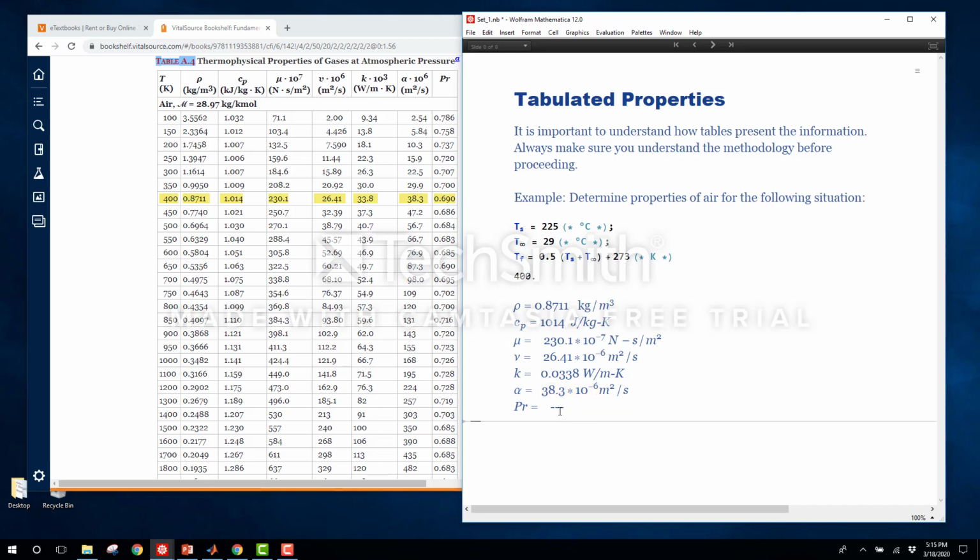And the last value we have is for the Prandtl number, and this is 0.690. The Prandtl number is a non-dimensional quantity, so it doesn't have any units. So we leave it as unitless.